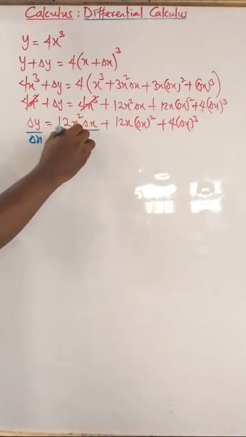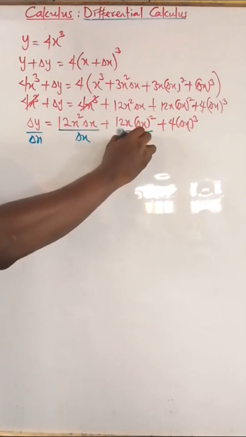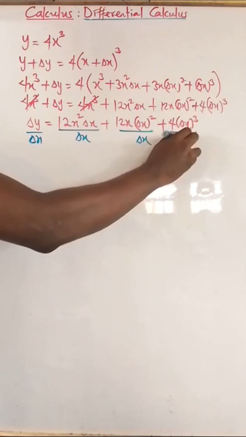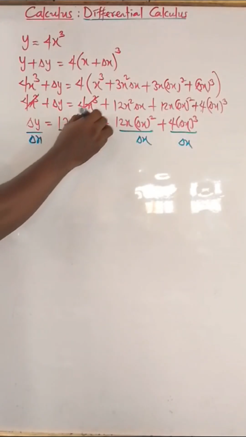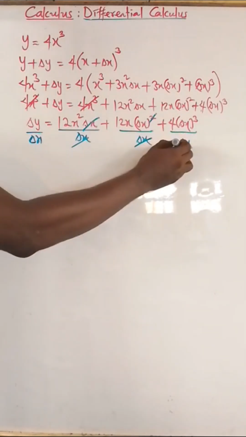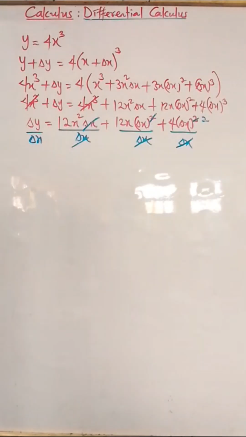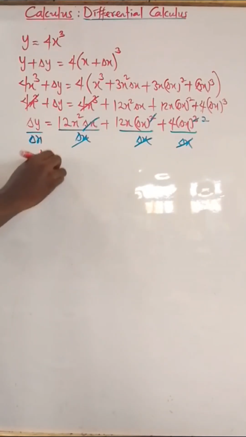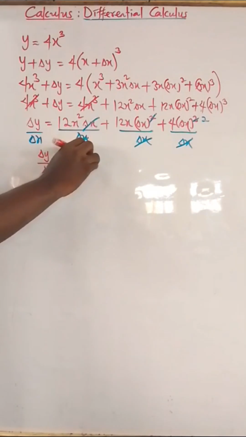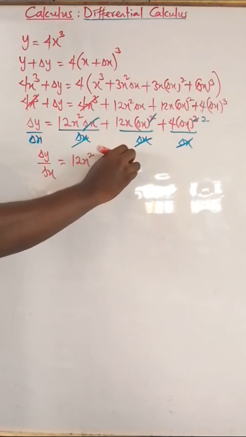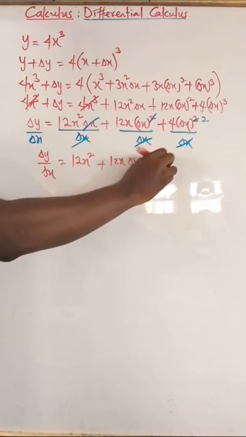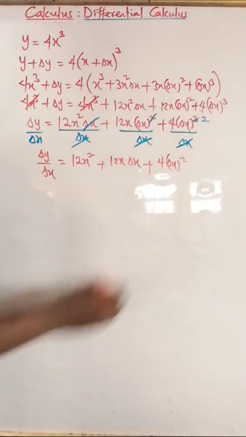So divided by changing x, divided by changing x, divided by changing x. From here, this cancels, this takes the square, this turns the cube towards square. So at the end of the day, we will have changing y to changing x equals 12x squared plus 12x changing x plus 4 changing x all squared.